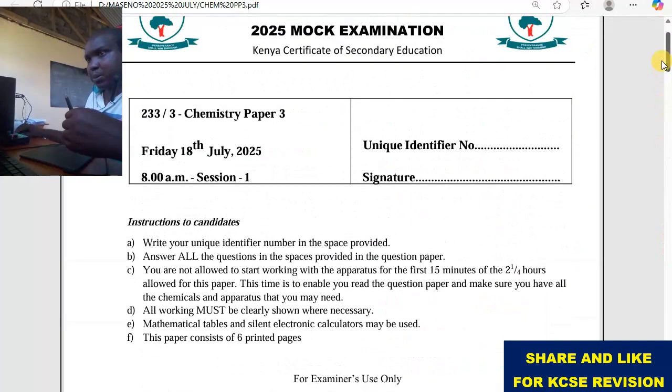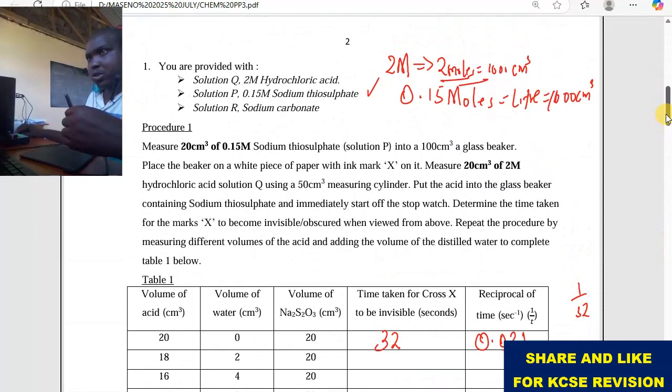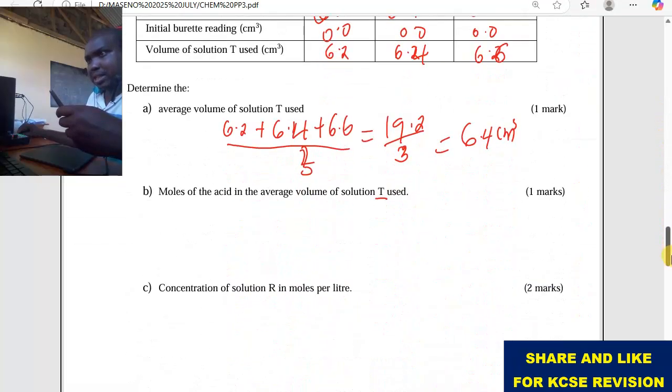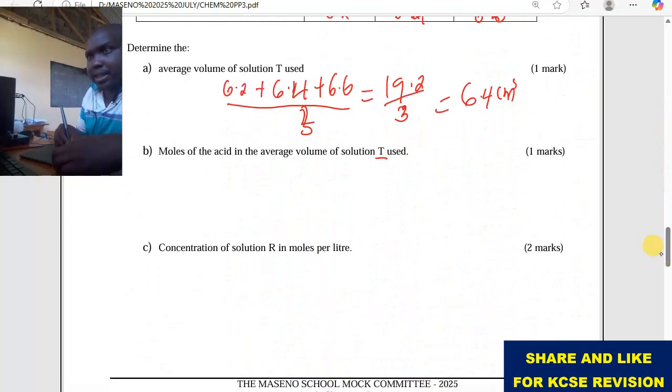We go back to the procedure. We were given that solution Q is 2 molar hydrochloric acid. So that means the number of moles in 1,000 centimeters cube is 2 moles of Q. We took 10 centimeters cube and diluted. So we want to know how many moles 10 centimeters cube will contain.